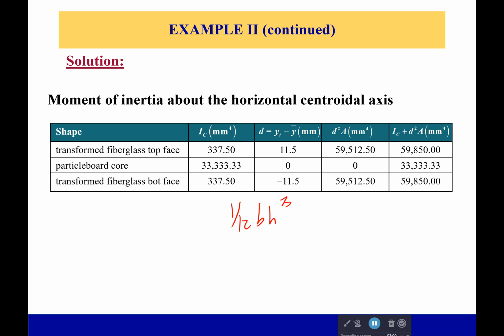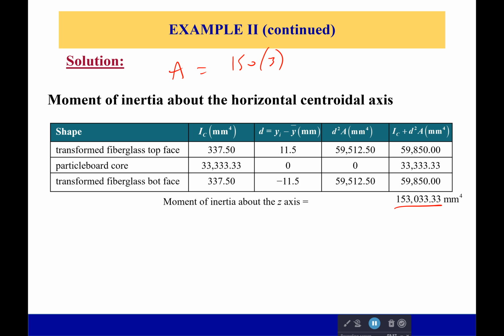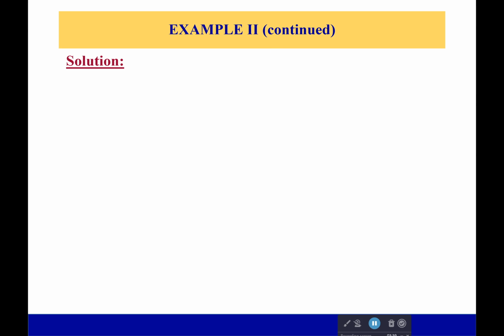However, their transformed area is going to be equal to 150 times 3, and they are a considerable distance away from the centroid, from their center to that center. So with that, d squared A, we actually have a fairly large component of moment of inertia from the parallel axis theorem. That correction term really does mean that they are very considerable. So we get our moment of inertia about the z-axis is 153,033 millimeters to the fourth.